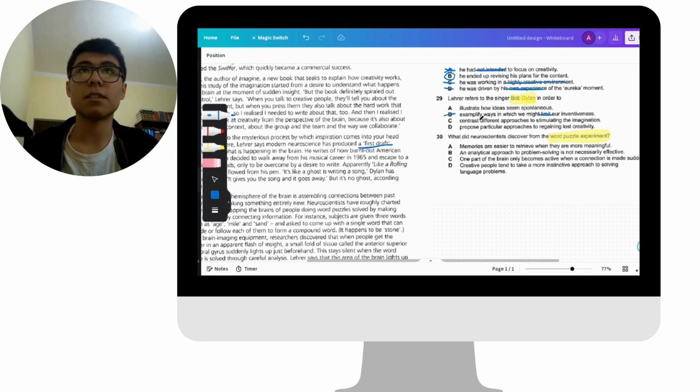Did we have any approaches? Different approaches? No, right? We didn't have any different approaches. Propose particular approaches to regaining lost creativity. Was there any creativity lost? We don't really know that, right? We didn't have anything about lost creativity. So the answer is A.